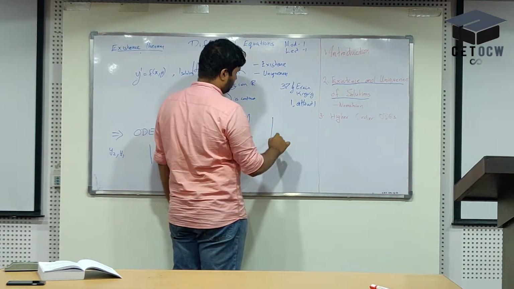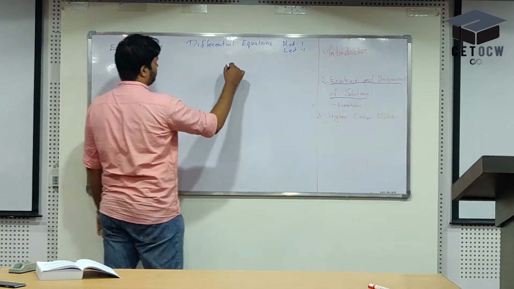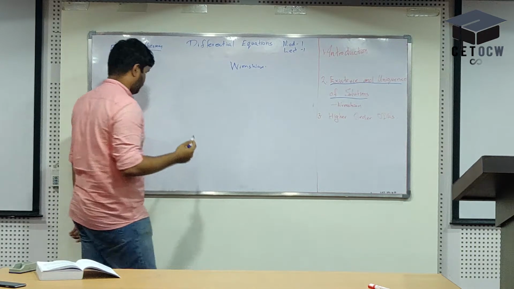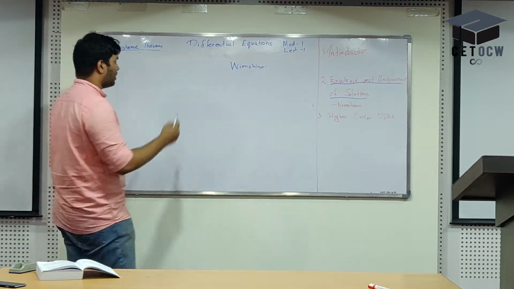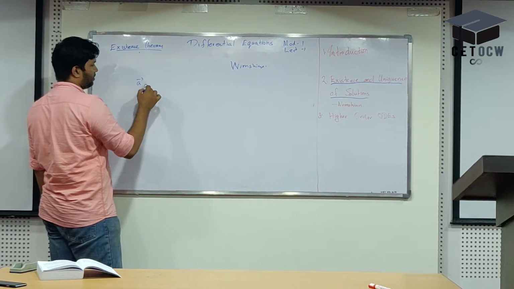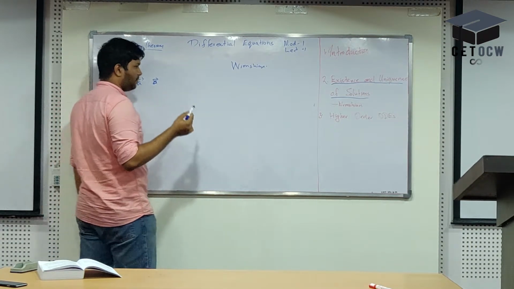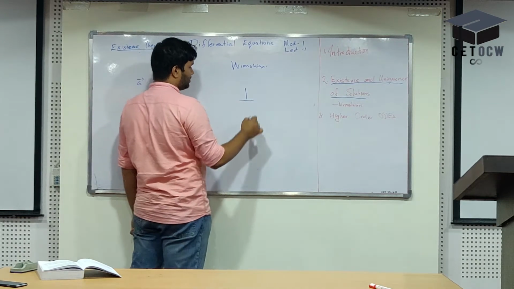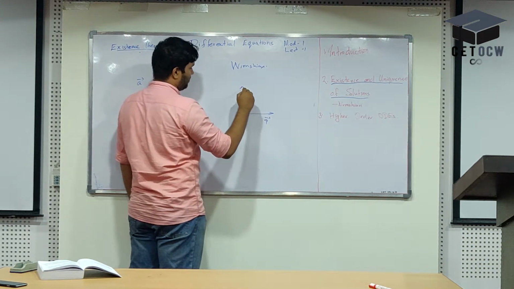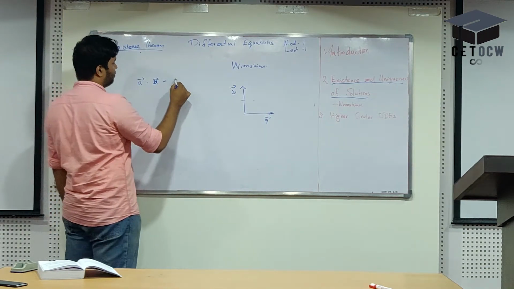Now we shall move on to another important part of this module called the Wronskian. Let's talk about the Wronskian. Those of you who know about vector calculus know that if two vectors, vector A and vector B, are independent, or let's say orthogonal to each other, that is, we have vector A here and vector B here, their dot product would be equal to 0.